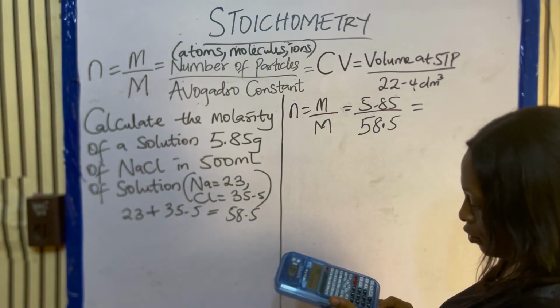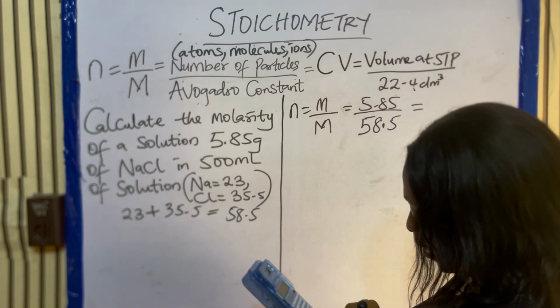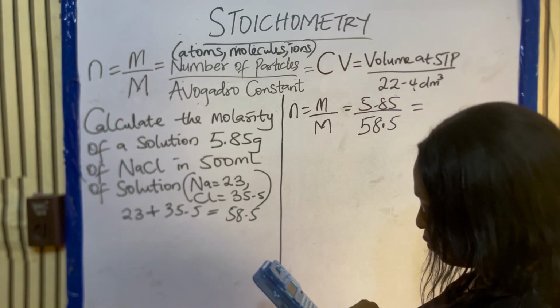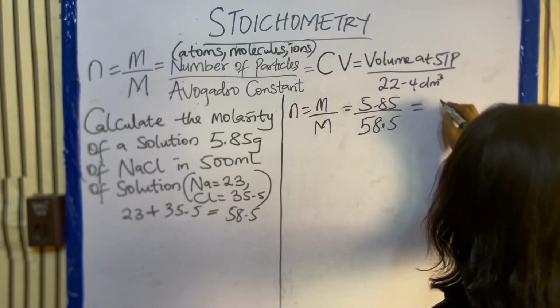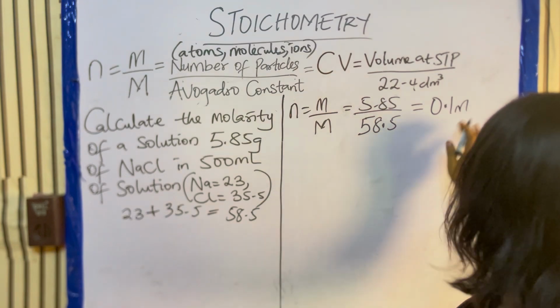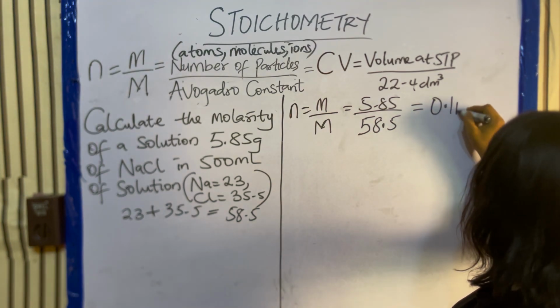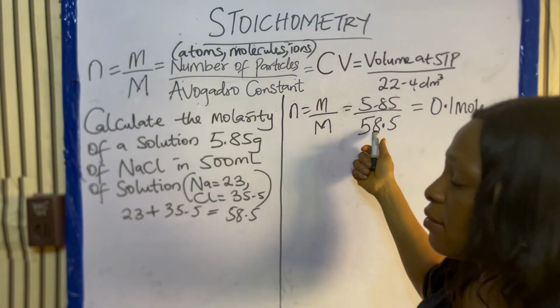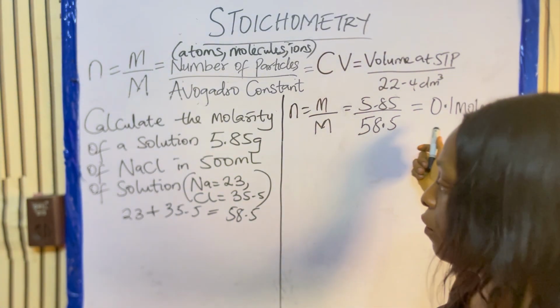So dividing, 5.85 divided by 58.5 will give us 0.1 mole. All right. So with this, we have been able to calculate our number of moles.